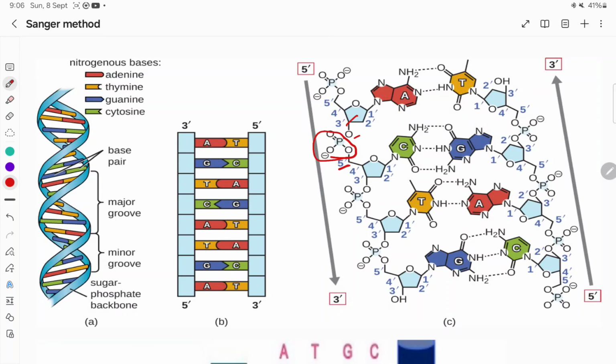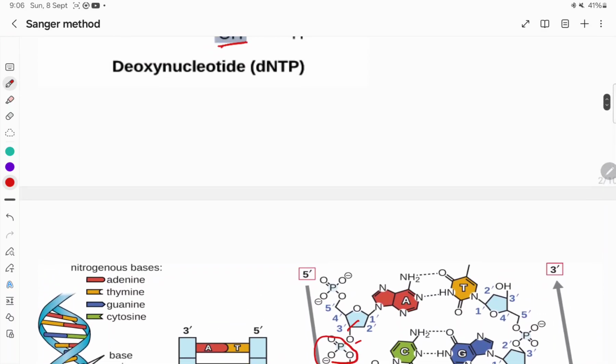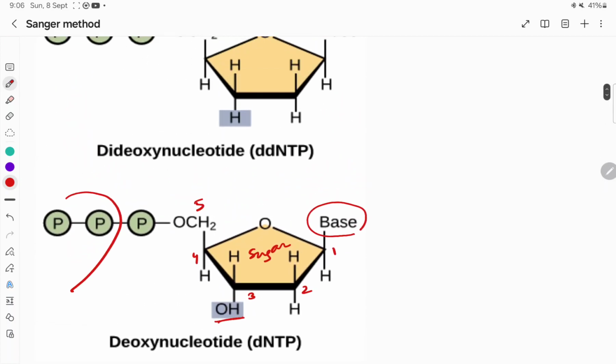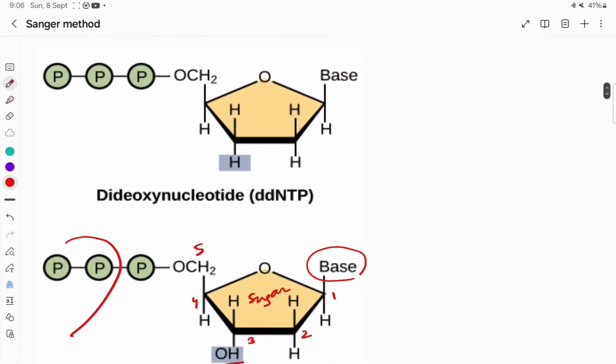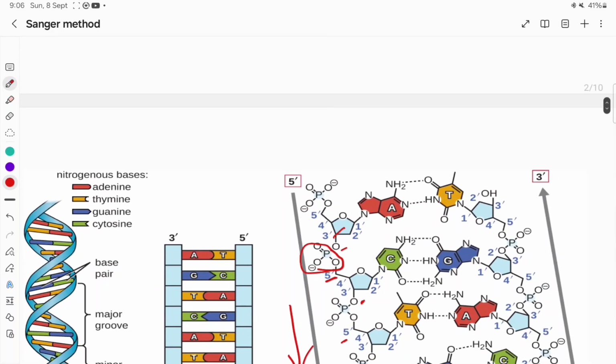Then this third position is connected to the 5th position, and this is elongated in the 5 to 3 direction, and we get this DNA. Now, the principle of gene sequencing: gene sequencing means knowing the sequence of the bases.